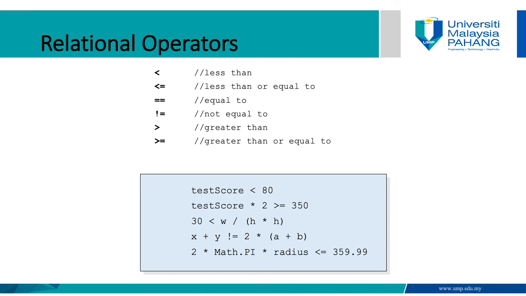So if you want to use less than, use that symbol. If you want to use less than or equal to, use this symbol. Make sure to memorize and know how to use these symbols. For example, here test score less than 80 and test score times 2 greater than or equal to 350 and so on. That's the correct way to use the relational operators.